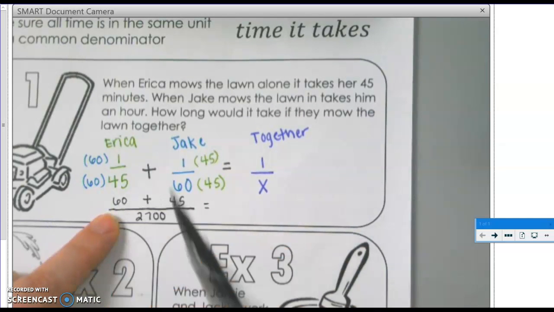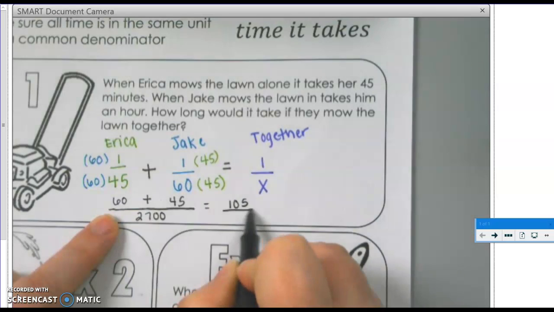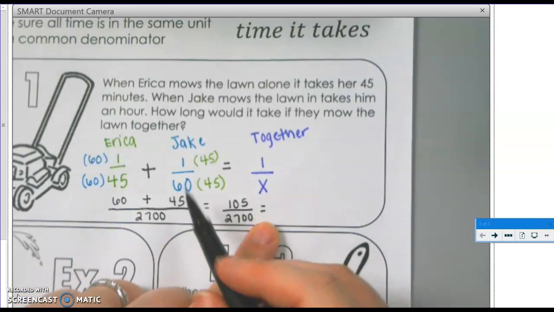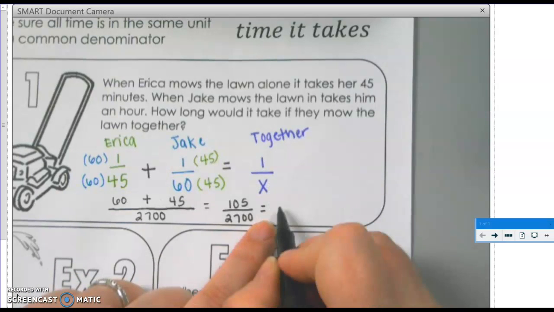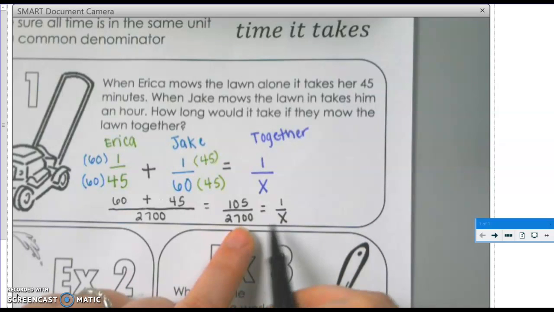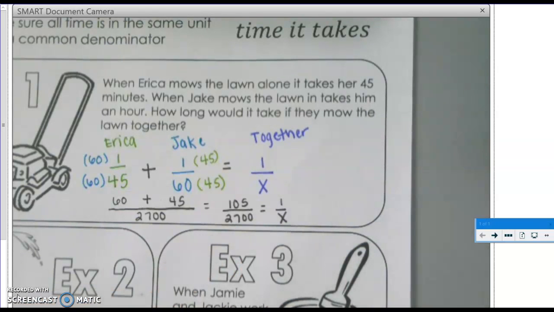So I'm going to simplify the numerator. And now that I cleaned up everything on the left, I'm just going to bring down that 1 over x. And so from here, this is a proportion. So to solve a proportion, we cross multiply and then divide.